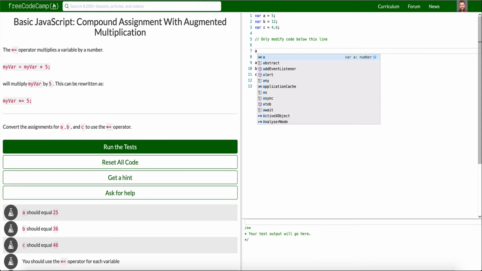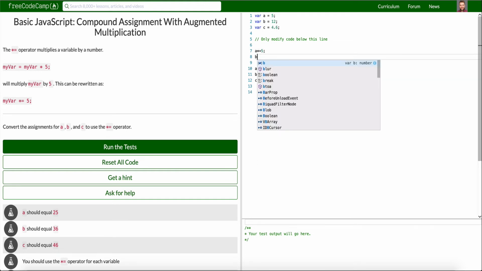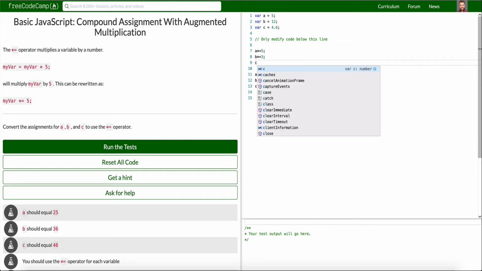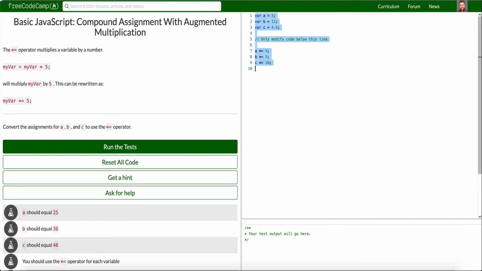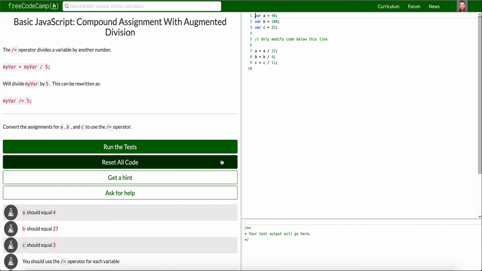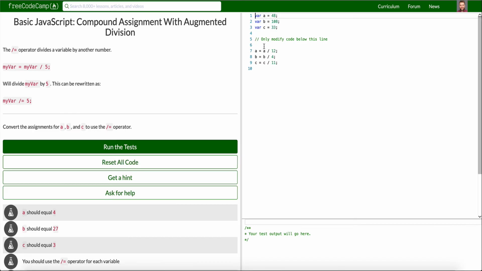So a times equals 5, b times equals 3, c times equals 10. Clean that up a little bit more. Number 4, and finally number 5 on division.